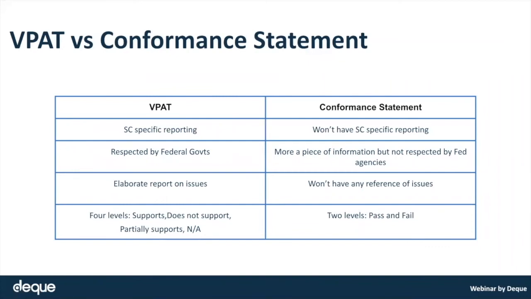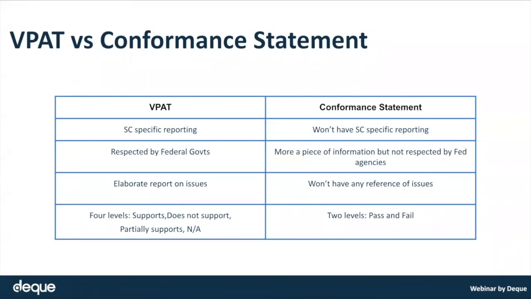Just to lay out the quick differences, VPAT is more of a success criteria specific reporting. A conformance statement wouldn't be success criteria specific reporting. If you have a VPAT and you're trying to sell your product in the federal government, that works because they respect VPAT reports.